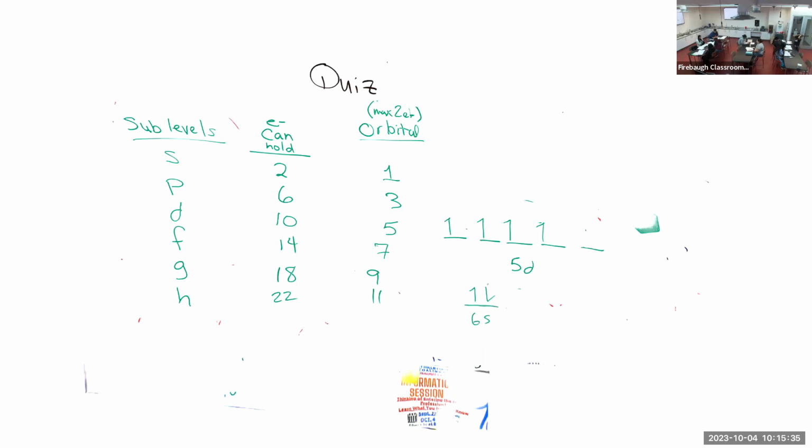So it'll drop this one down a little bit. It'll drop the energy level down. One, two, three, four, 5, and then it'll have its 6. So that 6 is about the same energy level.